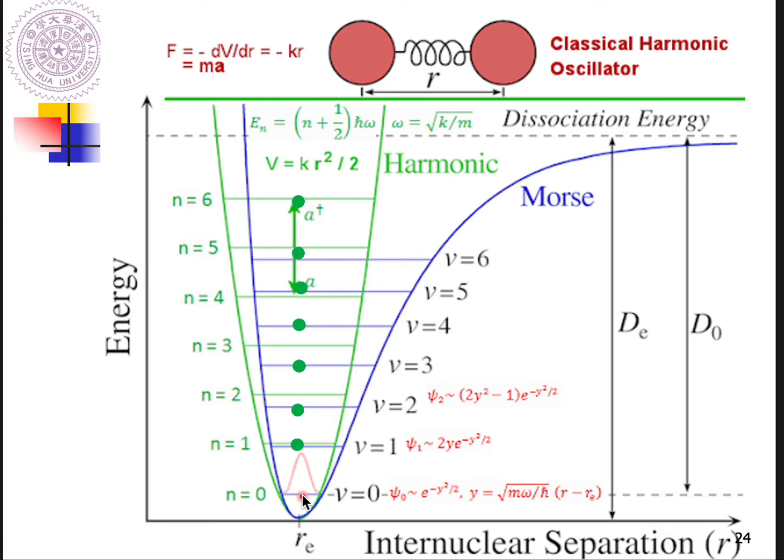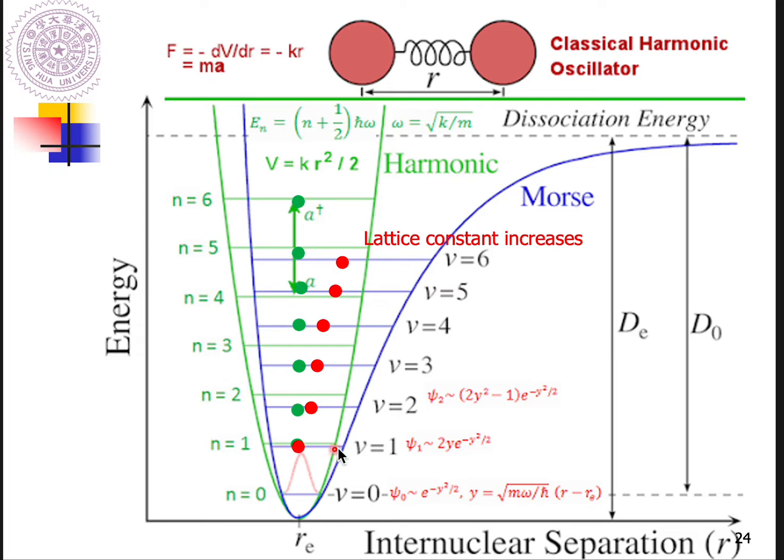So that implies this harmonic model is not exactly correct. So there's a modified model we call the Morse model. Actually, it is in blue. It implies that when you increase the energy, the atoms might vibrate.